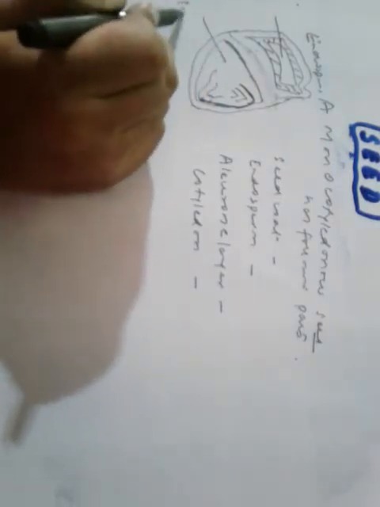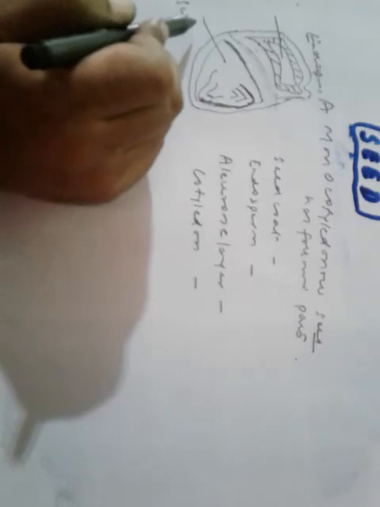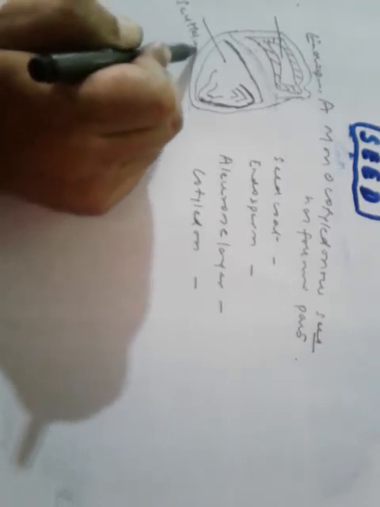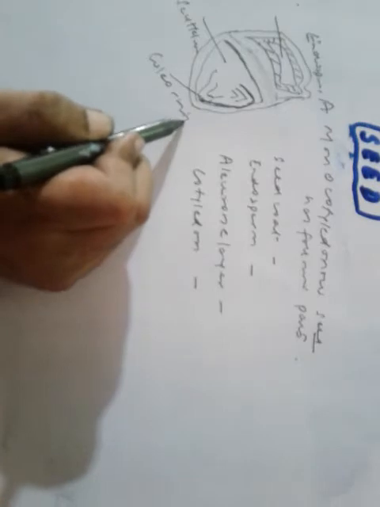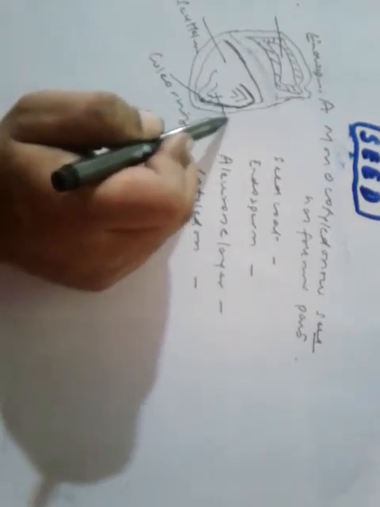This one is scutellum. This one is coleorhiza. Here we have radicle.